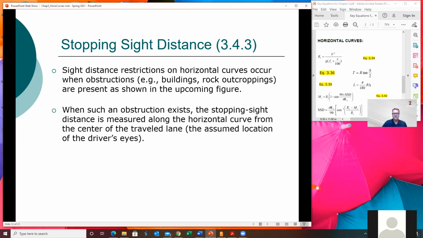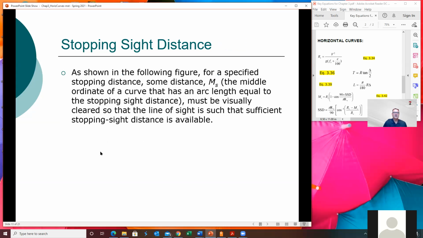Once again, that's important because that's really where the driver's eyes are. And then as it says in the following figure, there's a distance, m sub s, which is the middle ordinate of a curve that has an arc length equal to the stopping sight distance.